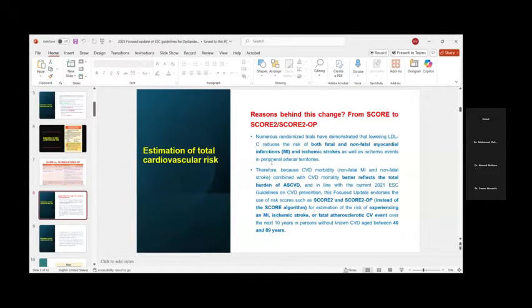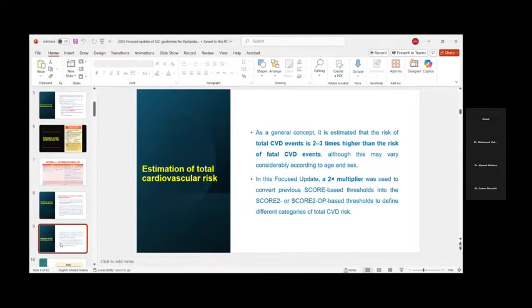So, because the cardiovascular disease morbidity, which includes non-fatal MI and non-fatal stroke, combined with the cardiovascular mortality, will better reflect the total burden of atherosclerotic cardiovascular disease. And this is the reason behind changing the risk assessment tool from SCORE to SCORE2 and SCORE2-OP.